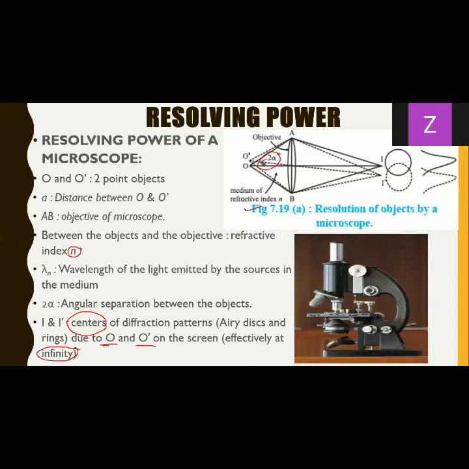Okay, now let's understand. So this is the condition which we have for this particular microscope, and how to find out the resolution or resolving power of that, that is what we are considering. So when we consider a microscope, we are going to apply Rayleigh's criteria once again.